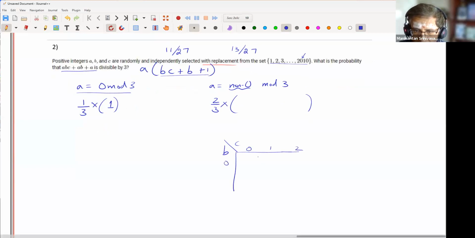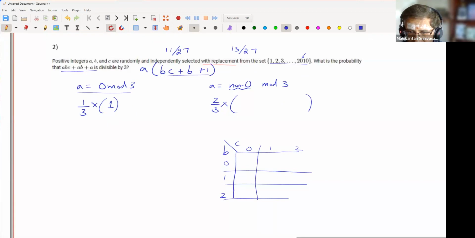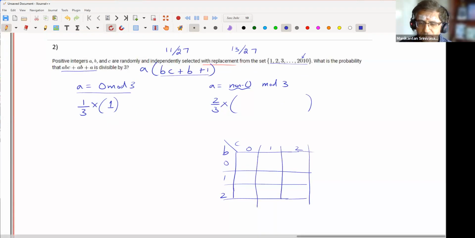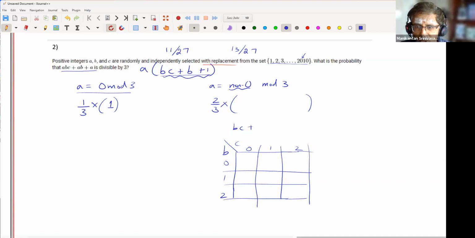So for each of these 9 cases, each is equally likely, right? Because I'm just talking about B and C. Now we'll evaluate this quantity BC plus B plus 1. What is the remainder of that, right?